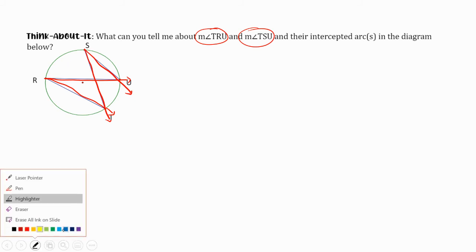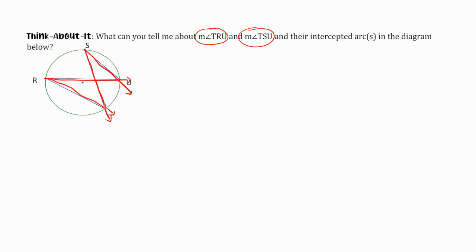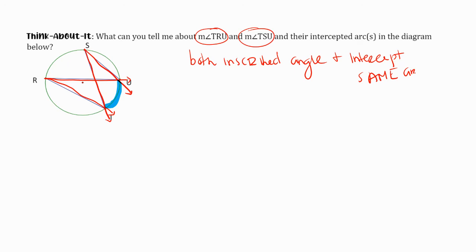Does anyone else see what I'm seeing? Don't they both intercept this arc? Aren't they both inscribed angles and intercept the same arc? What does that mean?